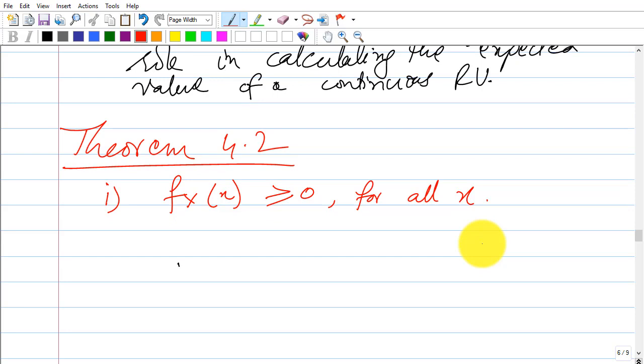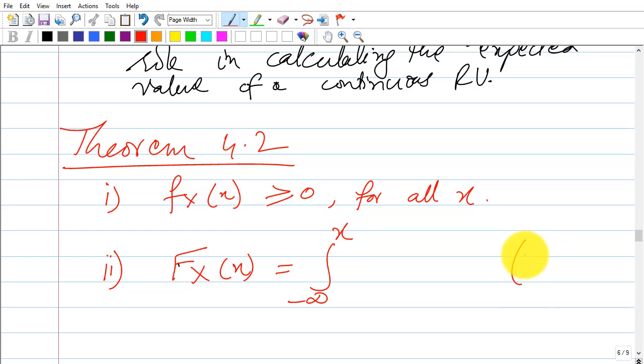And the second part says that if we have the PDF, we can find the CDF simply by integrating from minus infinity to x. Remember this range minus infinity to x, because the random variable is less than or equal to x. So that starts from minus infinity and goes up to x. That's why we have chosen this limit x.